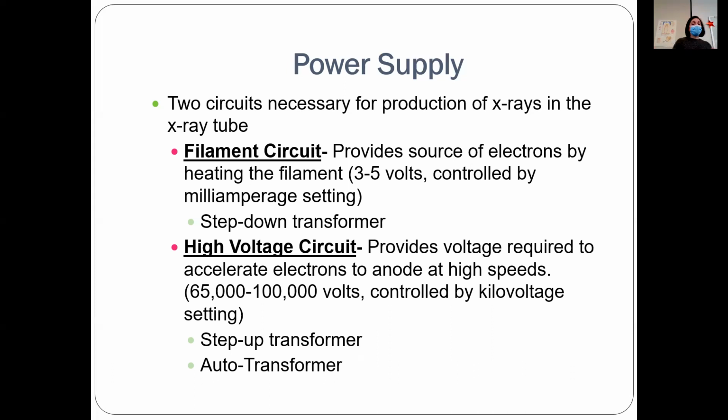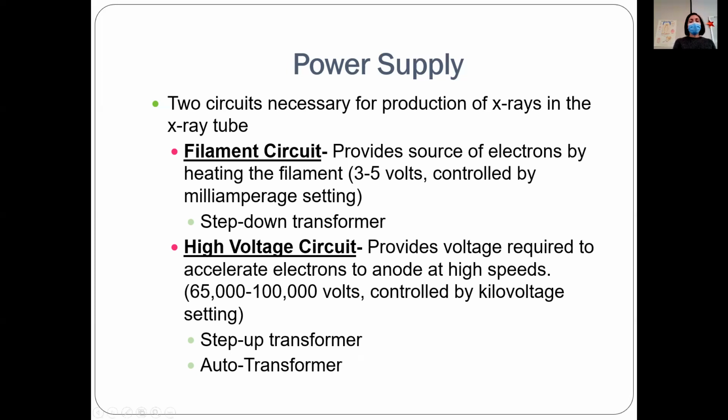So it really intensifies it. And that happens on the step up transformer when you push the button. So it only happens sporadically when you push the button. The step up transformer comes into play, adds more power, more volts, and then the electrons are able to fly over to the anode.